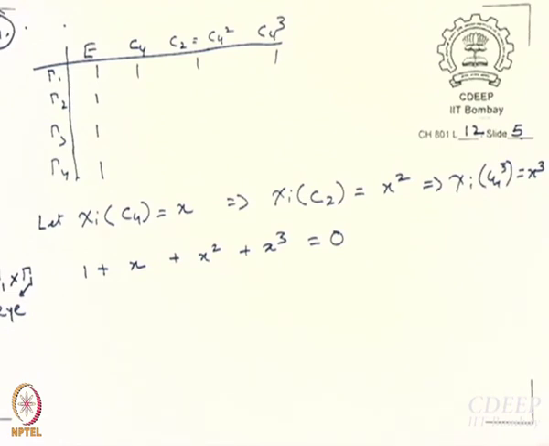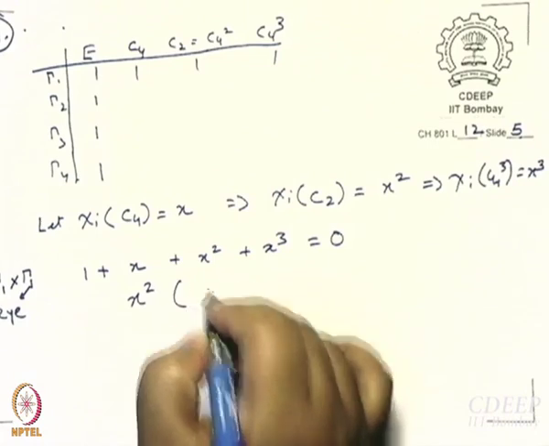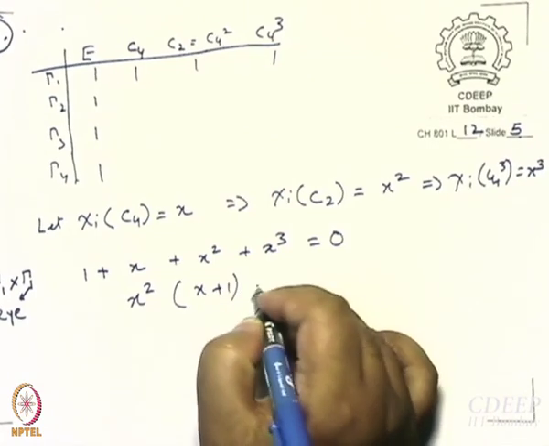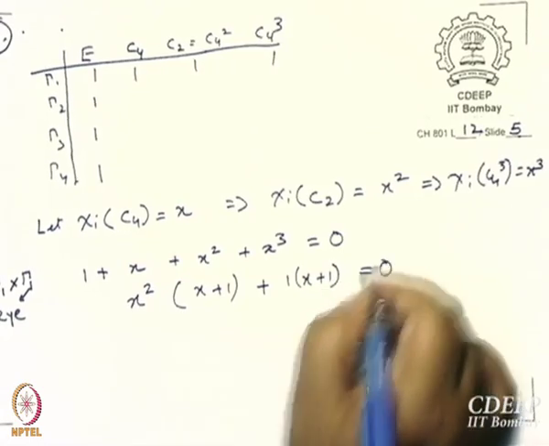Alright? Very difficult algebraic equation, cannot solve. Can you help me solve? So I can factorize like this: x square multiplied by x plus 1, plus 1 multiplied by x plus 1 equal to 0.